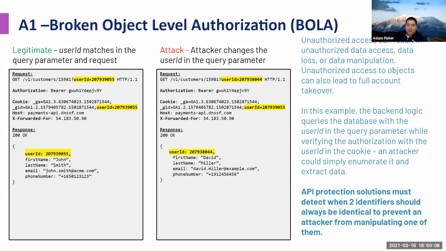So I see a question out there: how does this differ from IDOR? IDOR stands for Insecure Direct Object Reference, and it was what the A1 was called before the OWASP organization renamed it to Broken Object Level Authorization. To me, they're absolutely interchangeable.